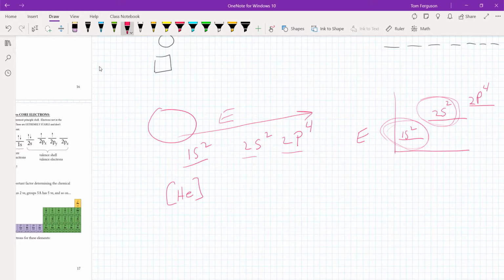Okay, so let's look now at the valence electrons. We already mentioned that the s electrons have one orbital, or you mentioned the p's have three. Now, how many valence electrons total do we have? Six.